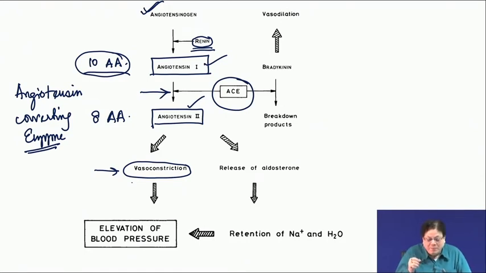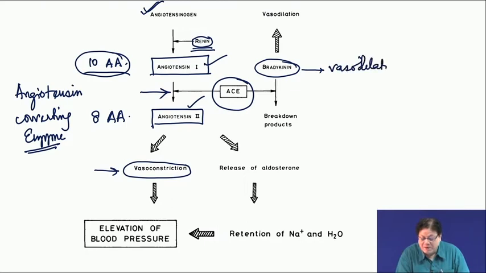One is that there is a protein or a small peptide which is called bradykinin. That is another hormone, but bradykinin is just the opposite of angiotensin 2. Bradykinin is a vasodilator. Vasodilator means it increases the diameter of the blood vessel.